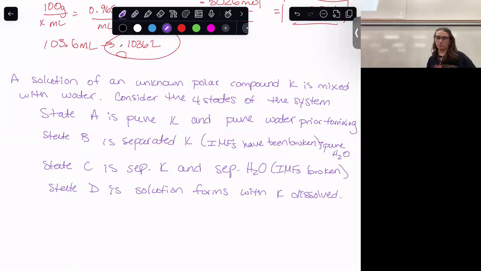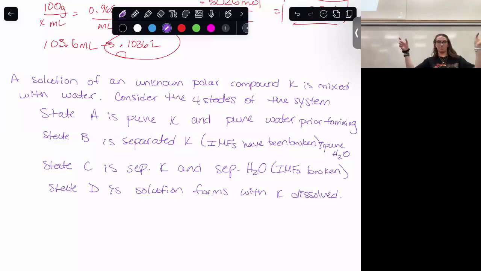I paraphrased a little bit just so I didn't have to write everything down. We have a solution of an unknown polar compound K mixed with water, and we want to consider the four states of the system. So state A is pure K and pure water before mixing.